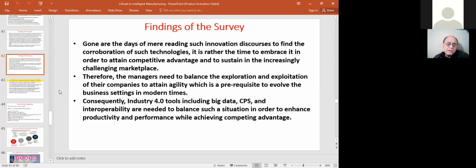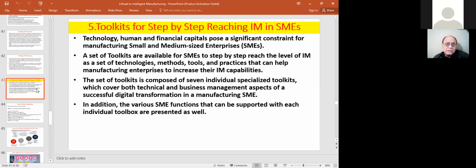Let me see how we can introduce these abilities, these smart technologies, into our system stage by stage. There is a set of toolkits available these days, at various levels, and they have to be introduced step by step in such a way that easy assimilation of the practices at the floor can be done.